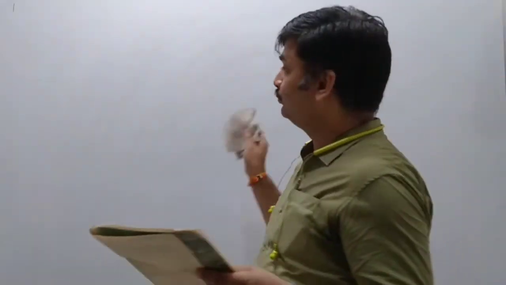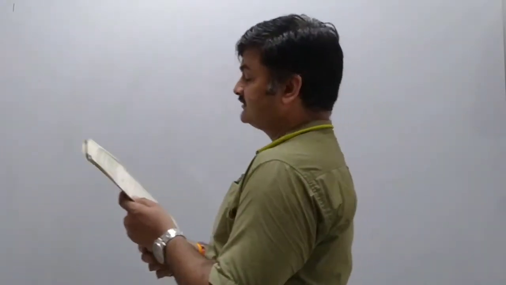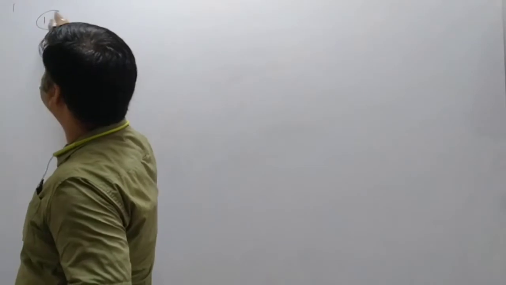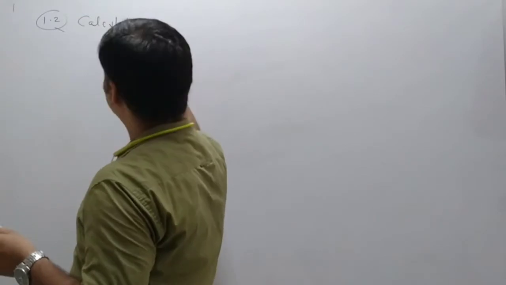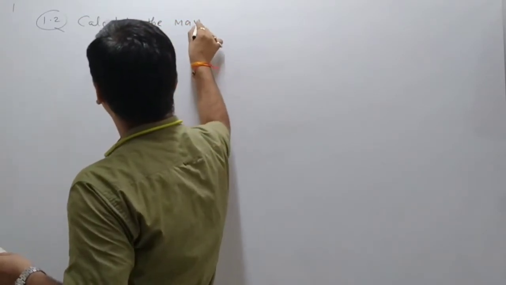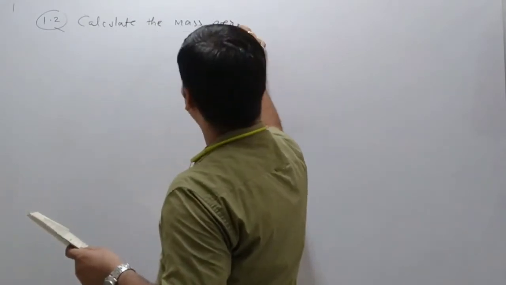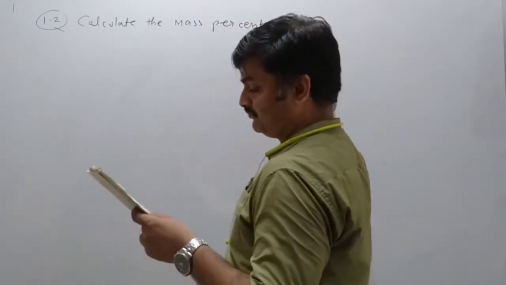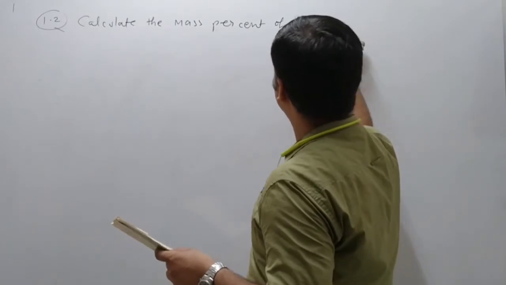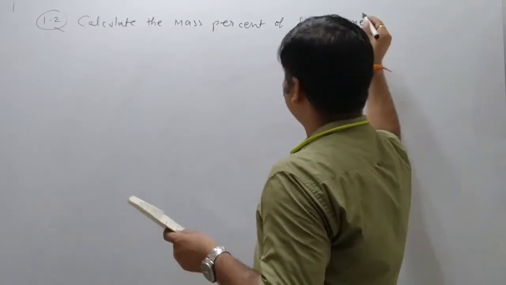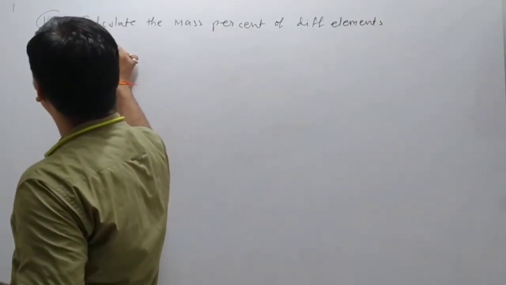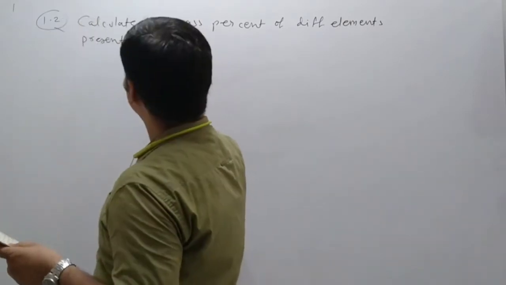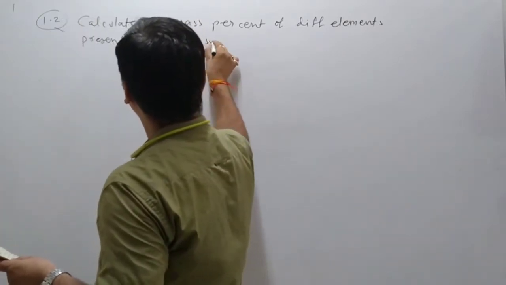In case of 1.2, calculate mass percentage. Calculate the mass percent of different elements present in sodium sulfate.